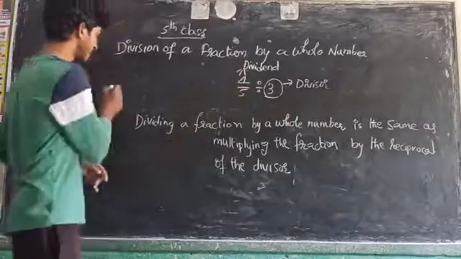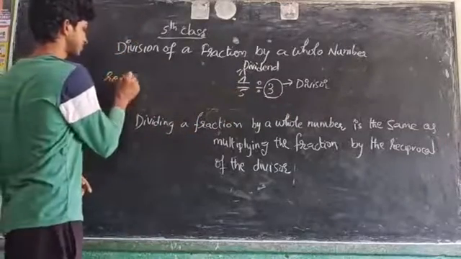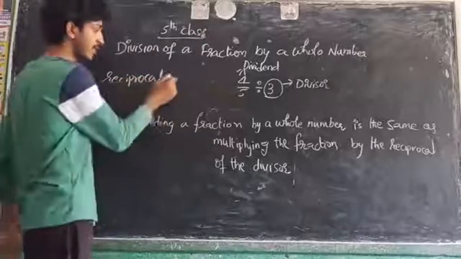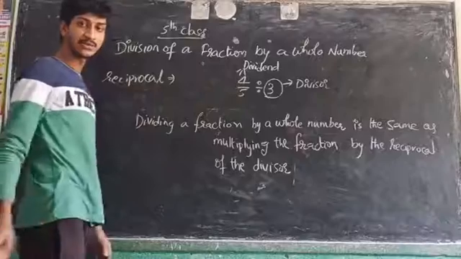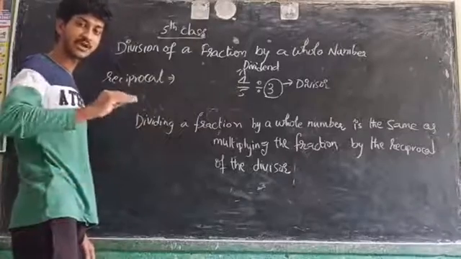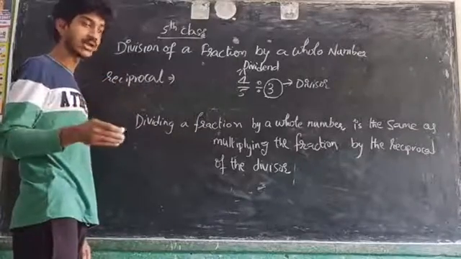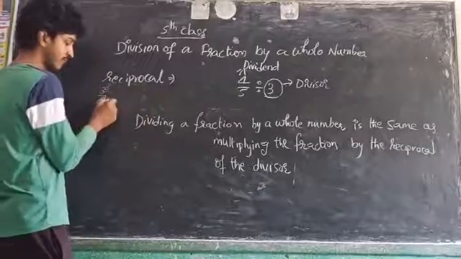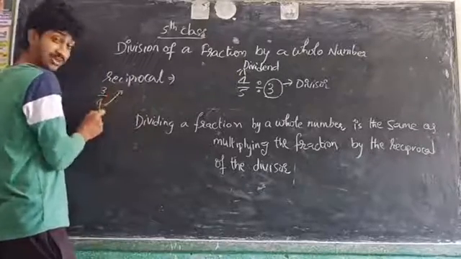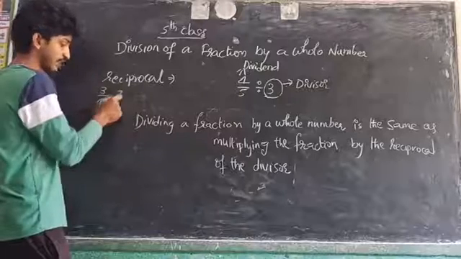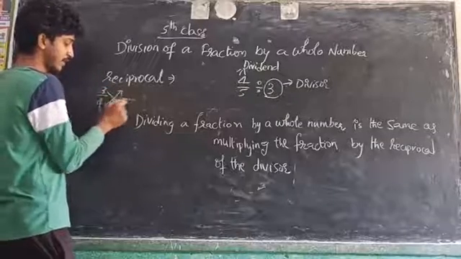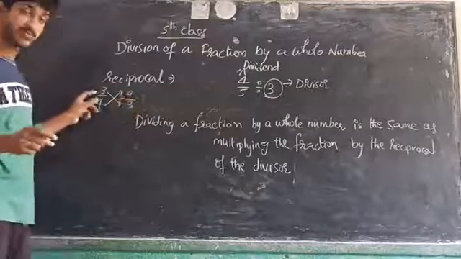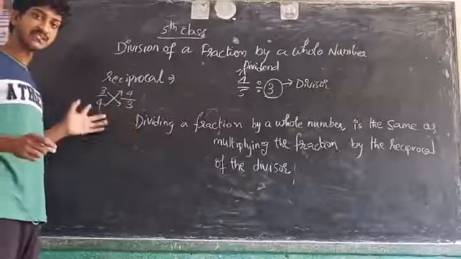See here, what is reciprocal? Reciprocal means the numerator becomes the denominator and the denominator becomes the numerator. See here, the reciprocal of 3 by 4 is: 4 is the denominator here, so 4 becomes numerator and 3 becomes denominator. So it is 4 by 3. It is reversed. Reciprocal means reversed.